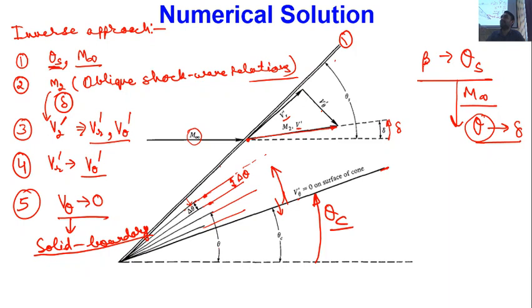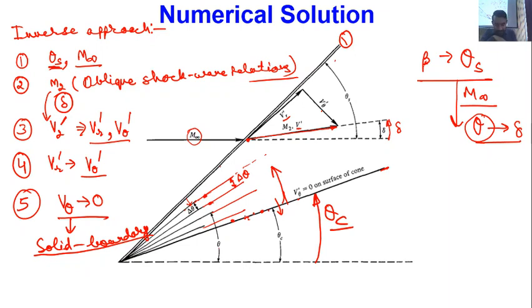That is the reason we call this approach the inverse approach. Typically theta c is known, but the value of theta s is not known to us. Finding the solution that way is challenging, because at this boundary we don't know all the parameters: I don't know the value of pressure, temperature, density, all the parameters are not known at this boundary.